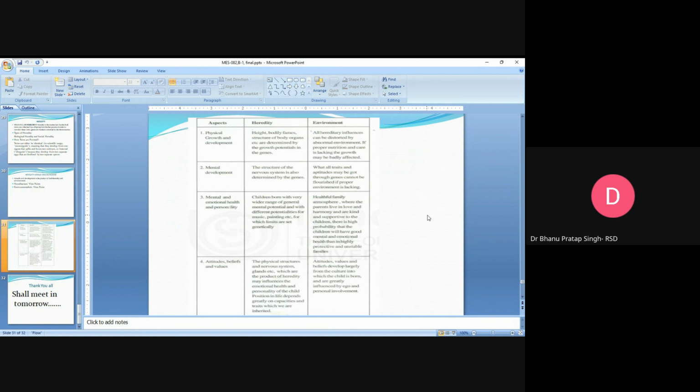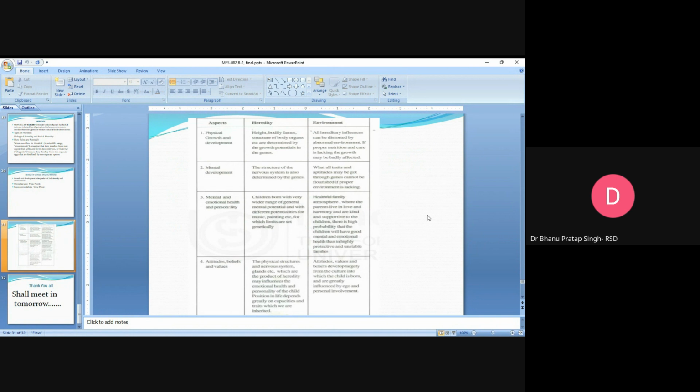The next is attitudes, beliefs, and values. As per the hereditarian philosophers' opinion, the physical structure, nervous system, glands, etc., which are the product of heredity, may influence the emotional health and personality of the child.